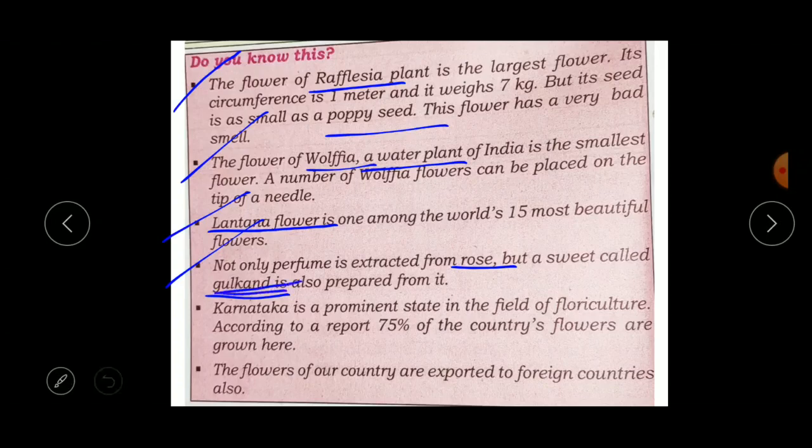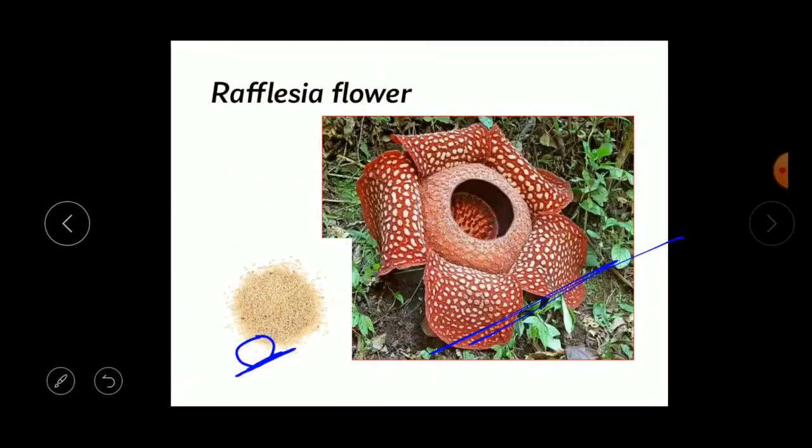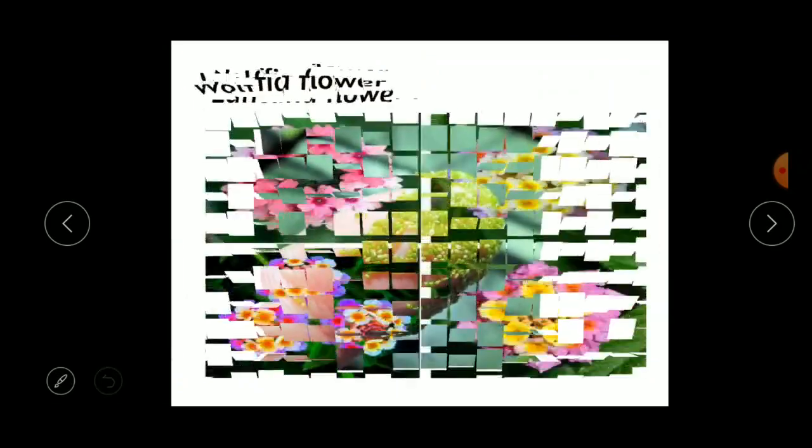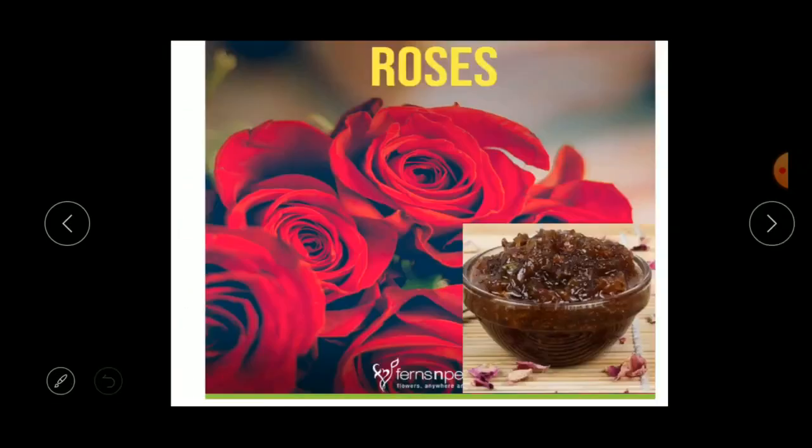It is the name of the sweet which is prepared by using flowers. Here I will show you. See, this is called gulkan, you might have tasted this one, right? This is prepared by using these beautiful roses.